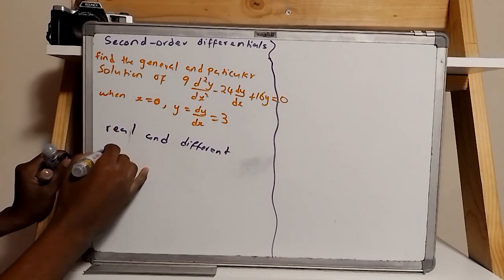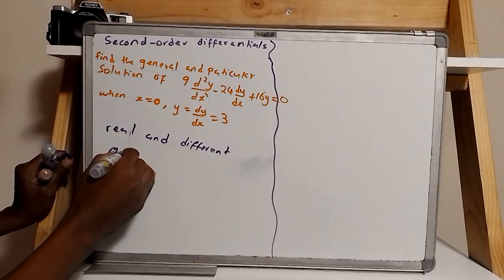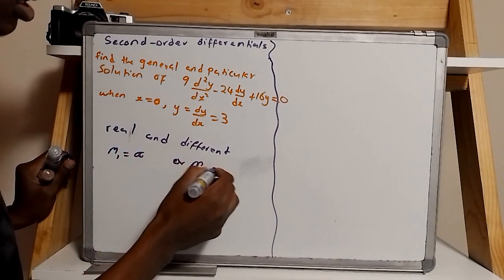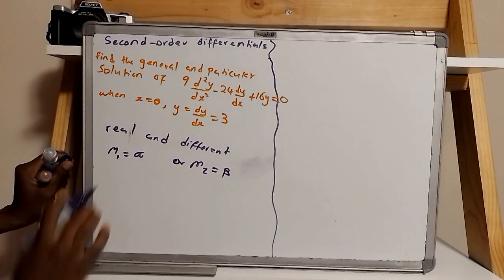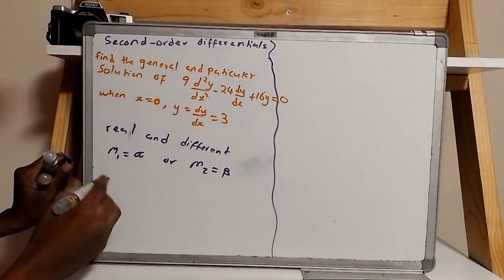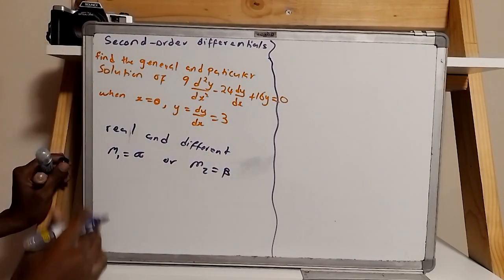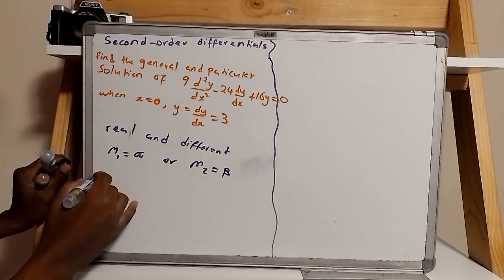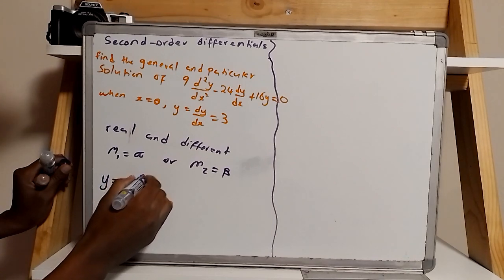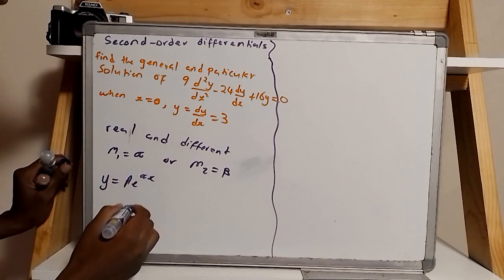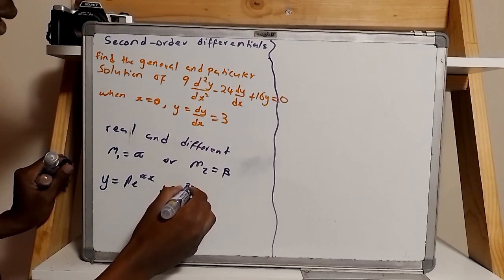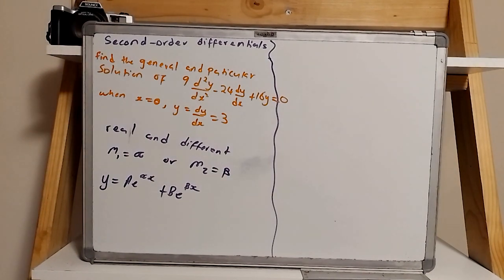In this case, when m1 is equal to alpha and m2 is equal to beta, we said this is a real and distinct or different value. Now your general solution will be something like this: a e to the alpha x, plus b e to the beta x. This is what you are going to write.